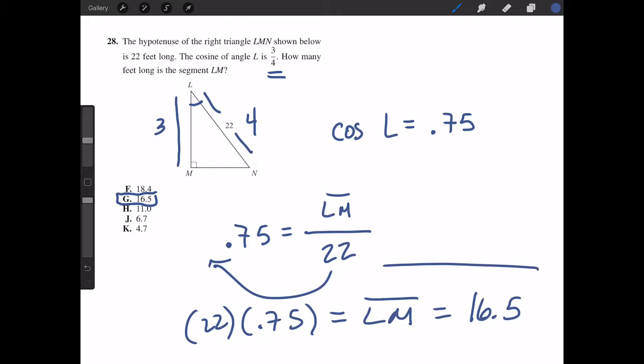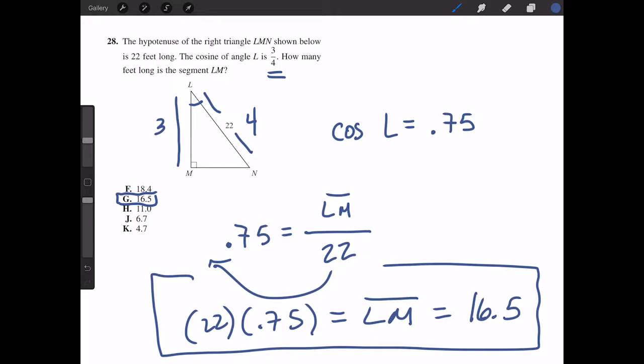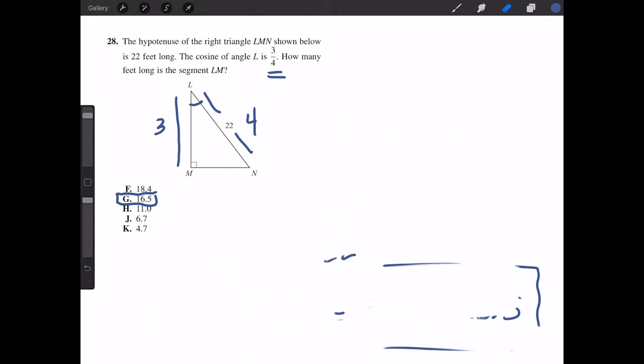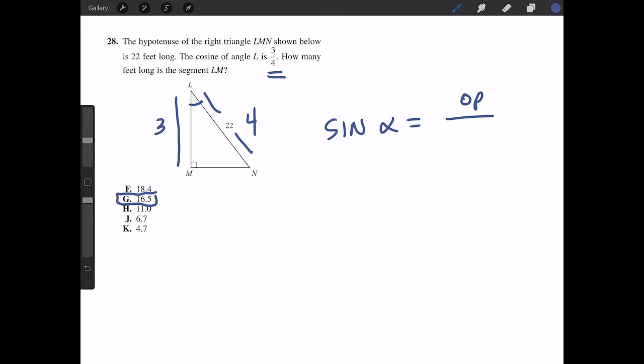Either way, I personally feel that this is the simpler method, as long as you know what a cosine of an angle is. And again, let's just quickly review sine, cosine, and tangent of any angle. So sine of an angle, any angle, is equal to the opposite side of that angle divided by the hypotenuse.